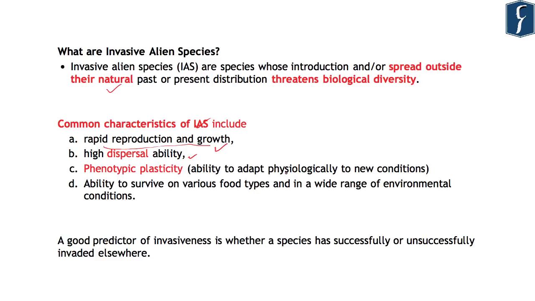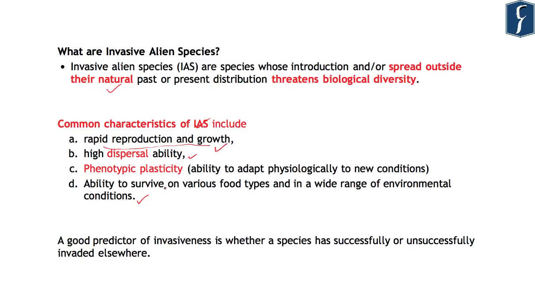And all those organisms which easily adapt to the changing environmental conditions are best suited as invasive alien species. And the last characteristic is their ability to survive on various food types and in a wide range of environmental conditions. This enables them to forage for food easily or adapt to the changing environmental conditions. Now, invasiveness is assessed by the ability of the species to successfully invade a foreign territory.